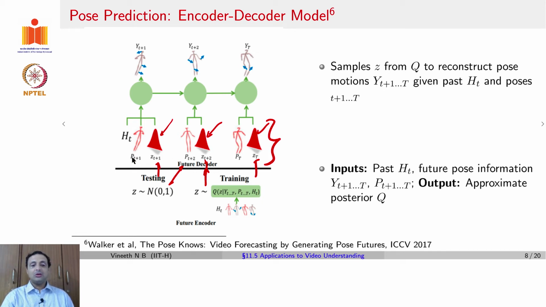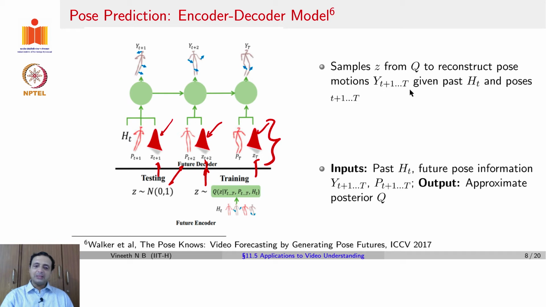And along with that, you also have pt+1, pt+2 to pT. Given these, the decoder of the VAE predicts yt+1 to yT, which are the velocities of each joint location for times t+1 to T.